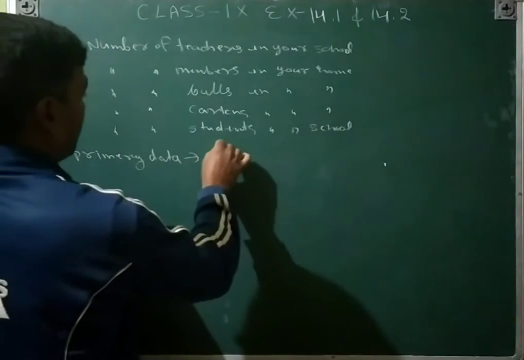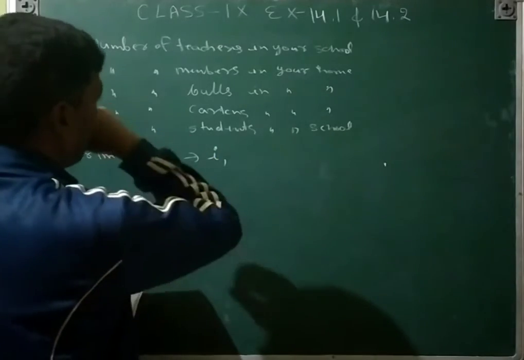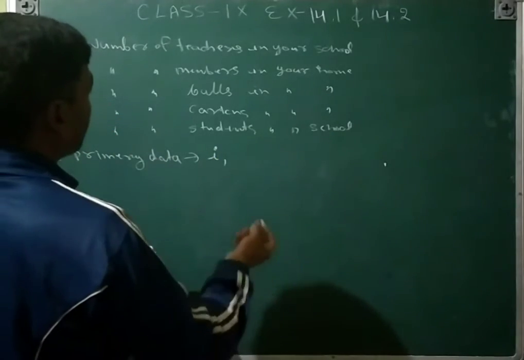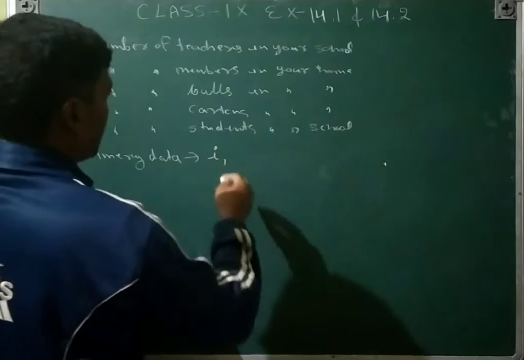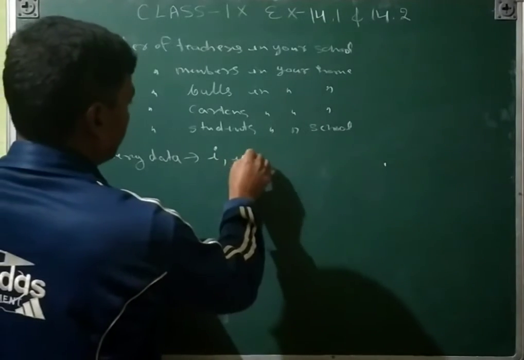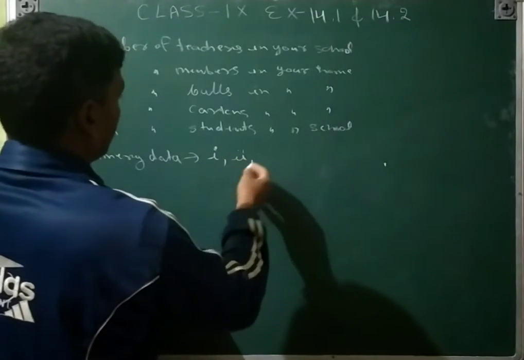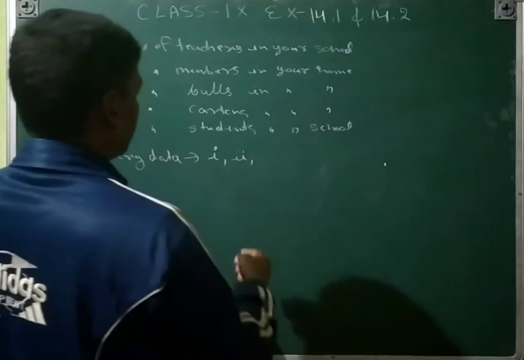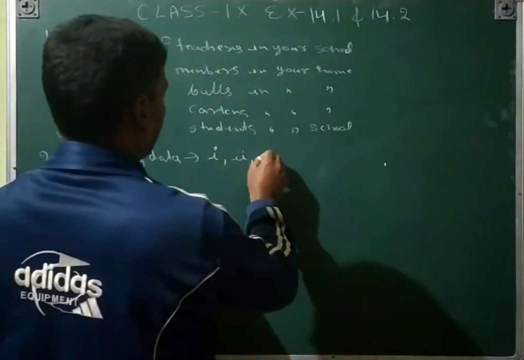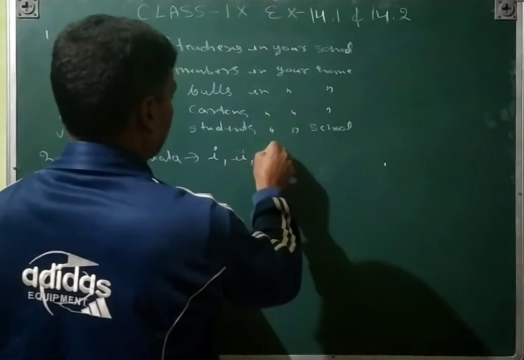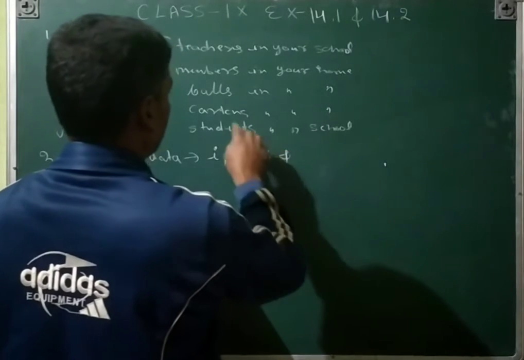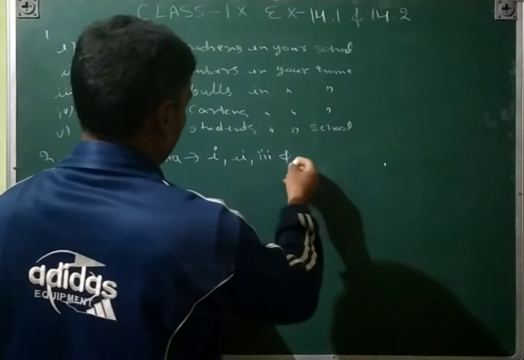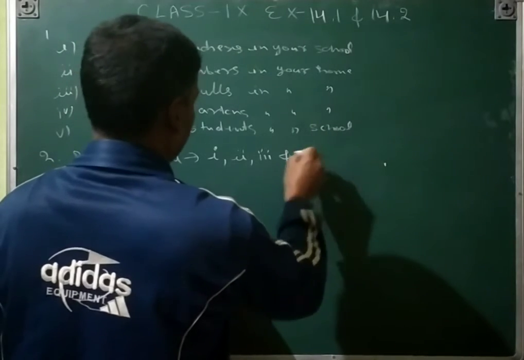Members are also primary data, because members make a home. Bulbs are also primary data, because without bulbs there will be no light. And students are also important for a school.